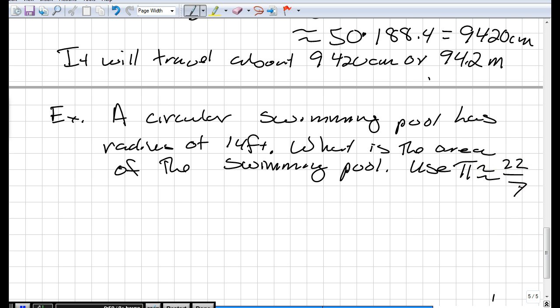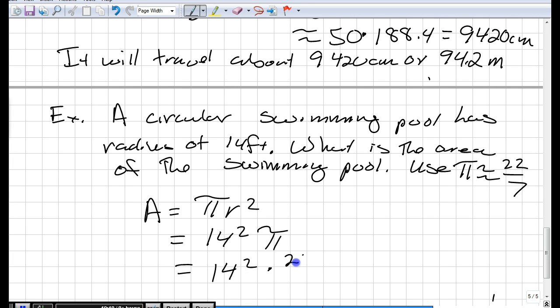Okay, so we want the area of the swimming pool, so the area of a circle is pi r squared. So we have 14 squared times pi. And so we have 14 squared times 22 over 7.